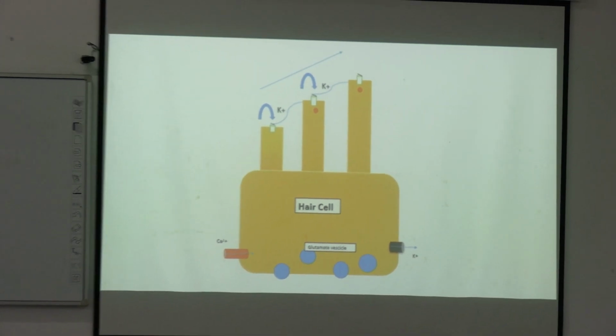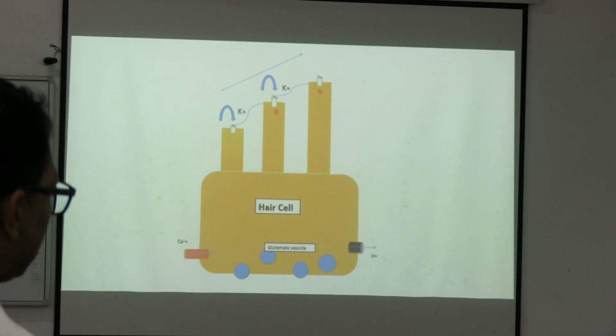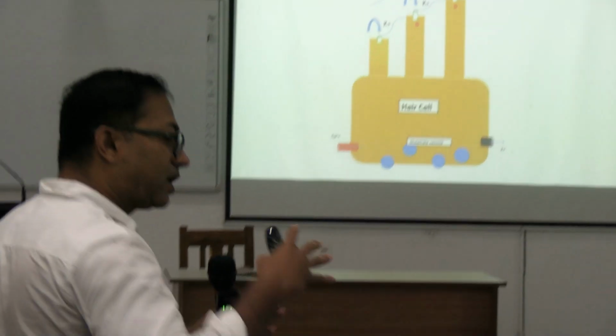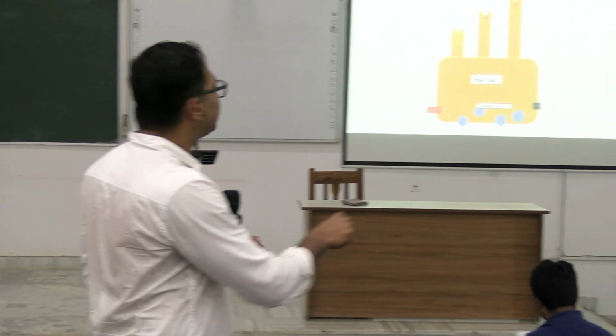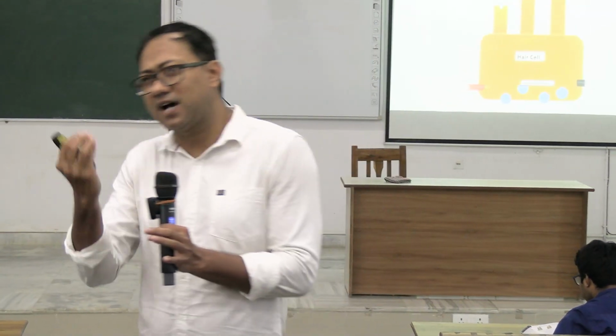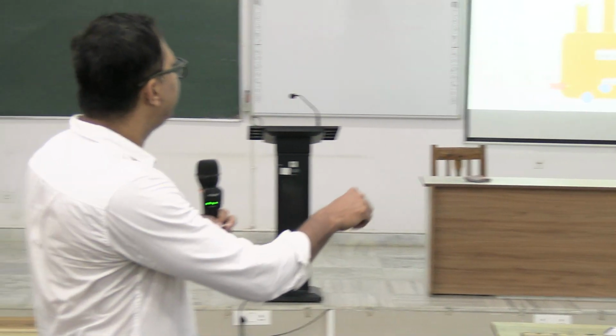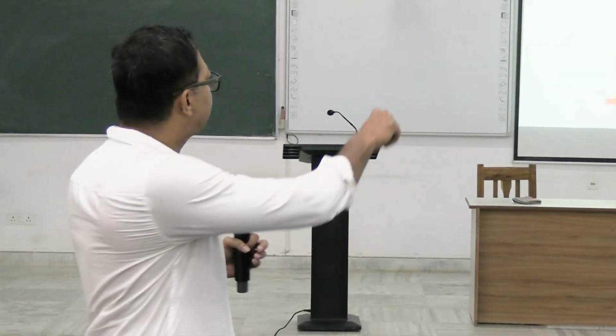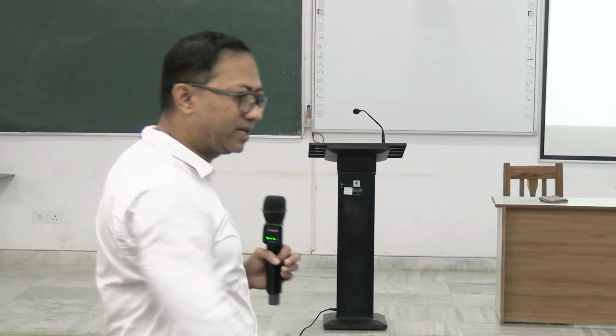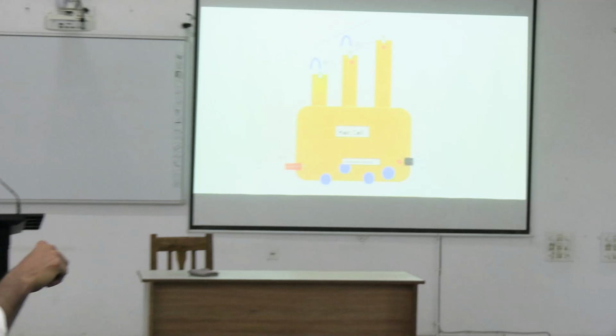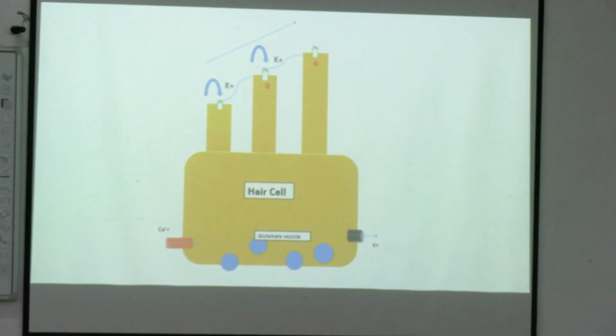Normally when the environment is silent and sound is not present, these potassium channels are partially opened, and some amount of potassium enters into the hair cell through these topmost potassium channels, and some potassium leaks through the base of these hair cells.